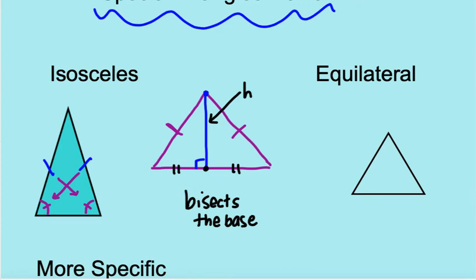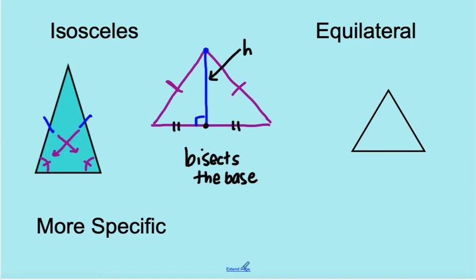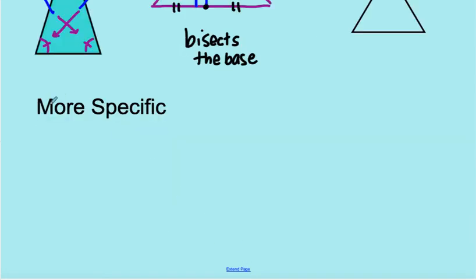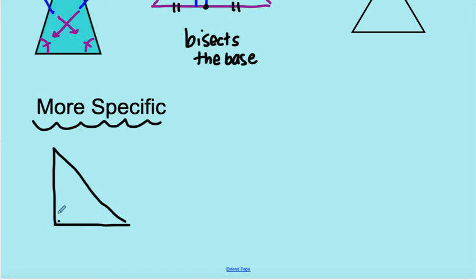Now, the one triangle I want us to think a little bit more about is a very specific isosceles triangle. This very specific isosceles triangle has a right angle in it. Okay, and if it's a very specific isosceles triangle, it means these two sides would be equal. All right, so that would be called an isosceles right triangle.